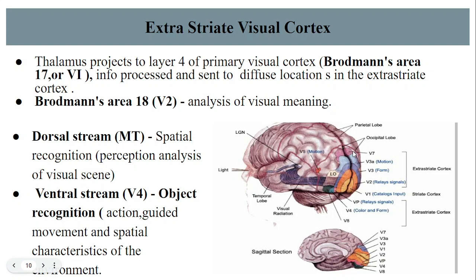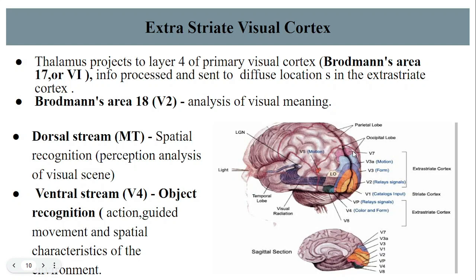The thalamus projects to layer 4 of the primary visual cortex, Brodmann's area 17 or V1, and the visual information is then processed and sent to different locations in the extrastriate cortex, where it is further analyzed and integrated with other sensory information.